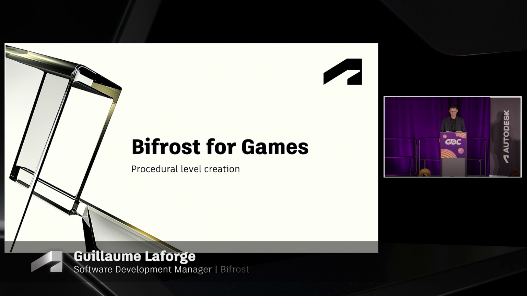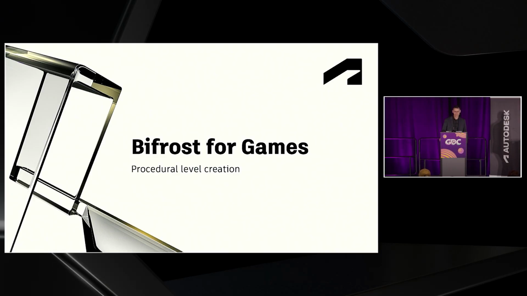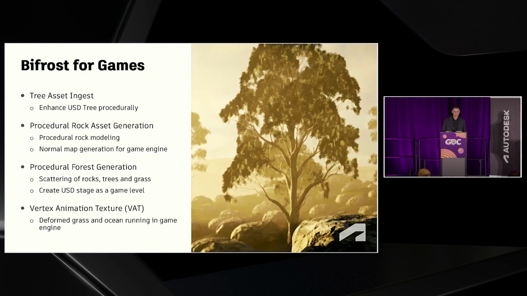Thank you, Sumira. OK, so next, let's take a look at a real example of what you could do with Bifrost to build a level in a game engine. We are going to look at how to create assets, or how to modify and improve assets.